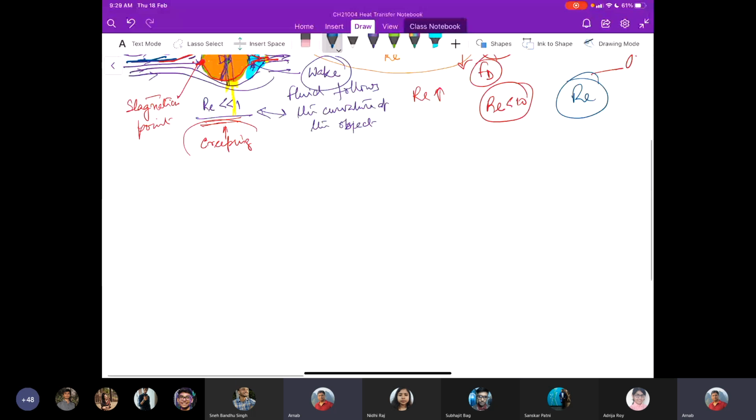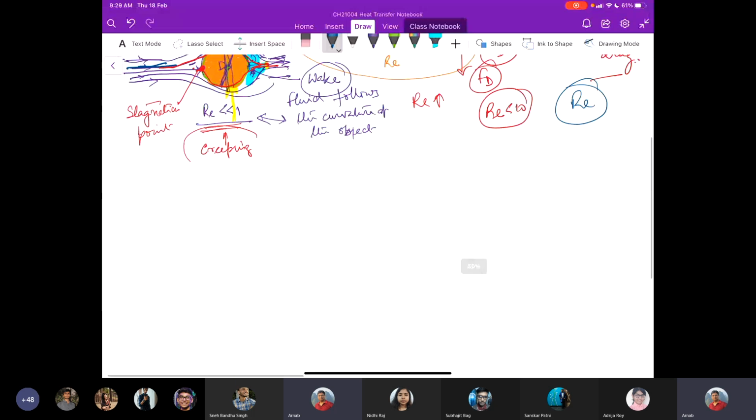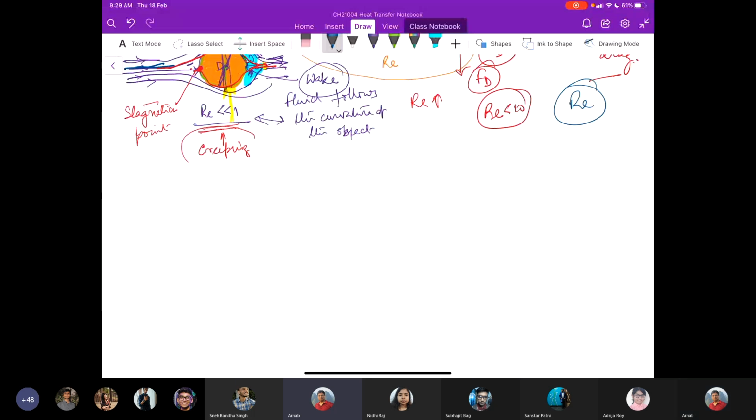It has a behavior for different Reynolds number, and that is what I plotted earlier. This is a schematic, not to scale, but the nature would be similar. Low means Reynolds number much lesser than 1.